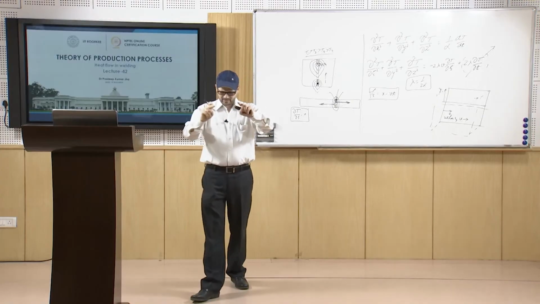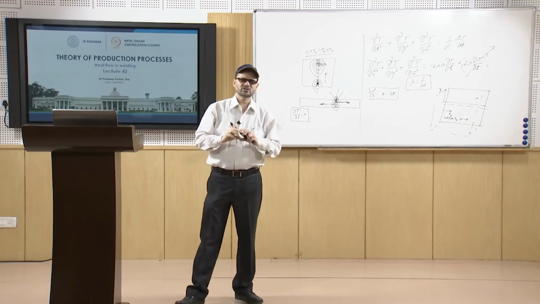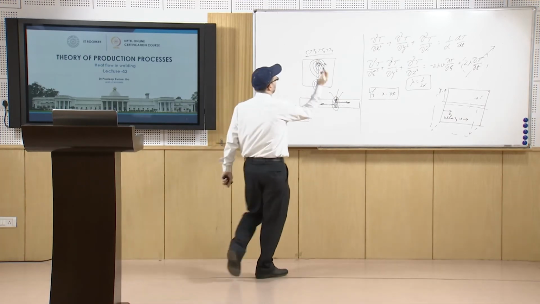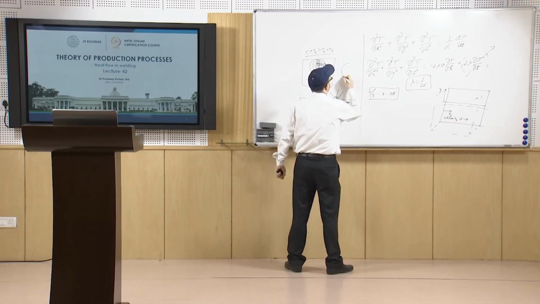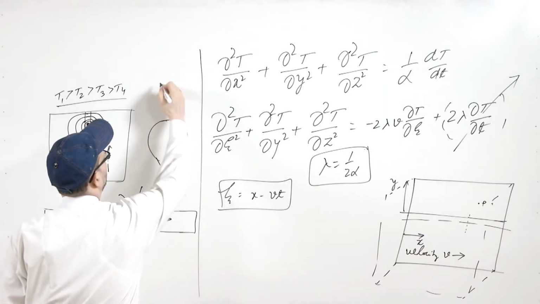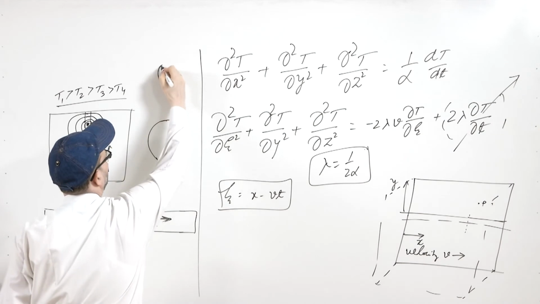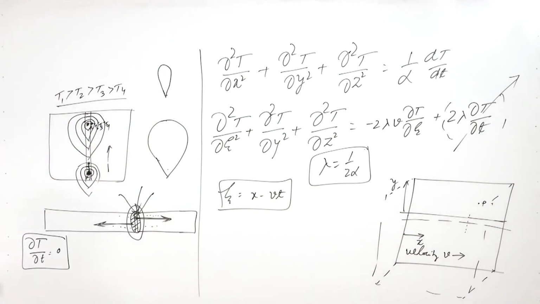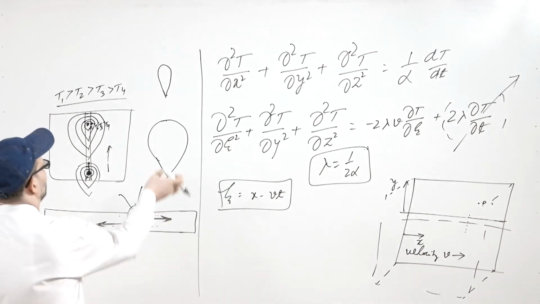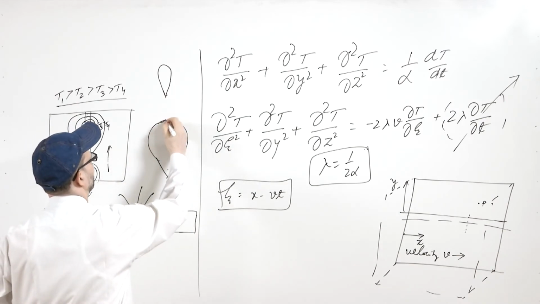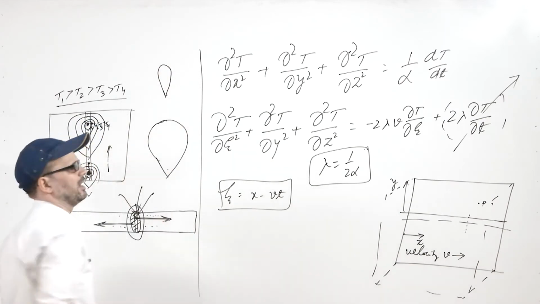So, depending upon the shape, the isotherm may be of this shape, or the isotherm may be of this shape. Now, both these shapes have a different meaning. So, in this case this temperature is on this periphery, you have the same temperature, whereas in a very small periphery you have this temperature.